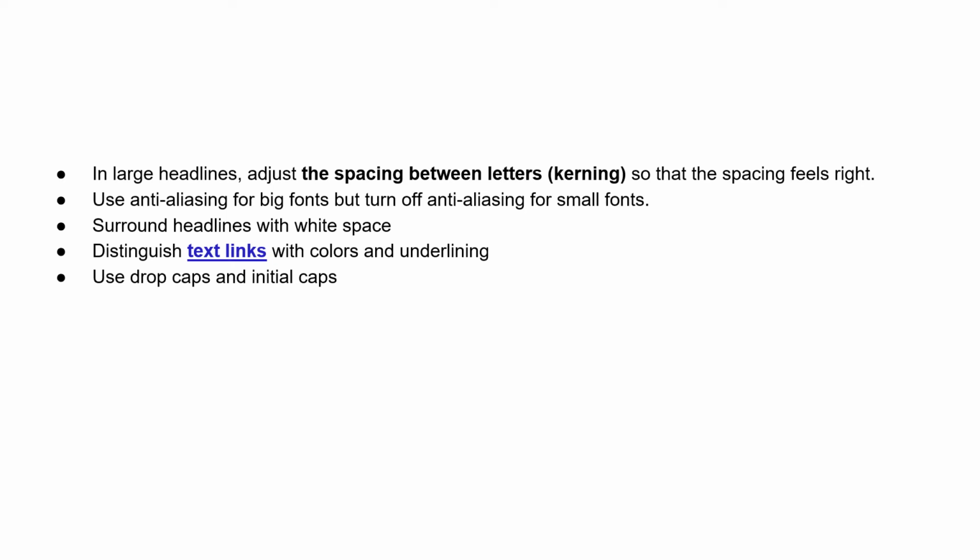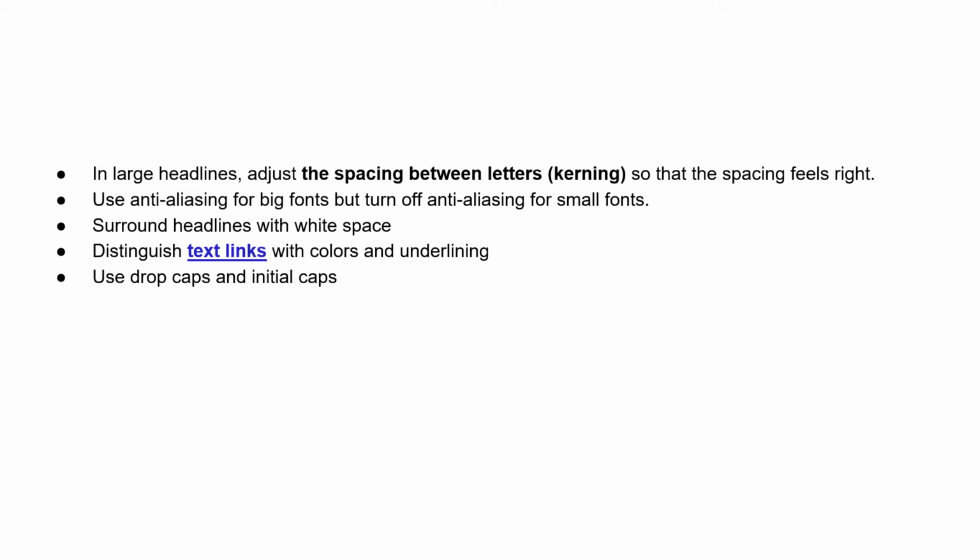In large headlines, adjust the spacing between letters so that the spacing feels right. Use anti-aliasing for big fonts or turn off anti-aliasing for small fonts. Surround headlines with white space. Sometimes the owner of the website requests a darker color background, and you still need to use a darker color for the font.